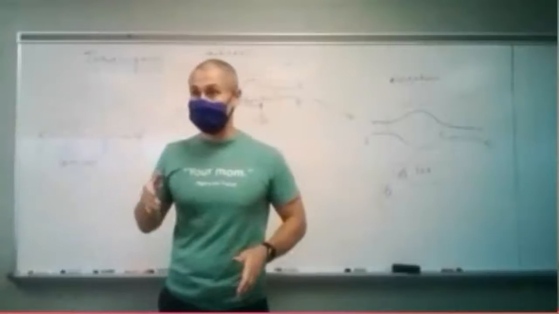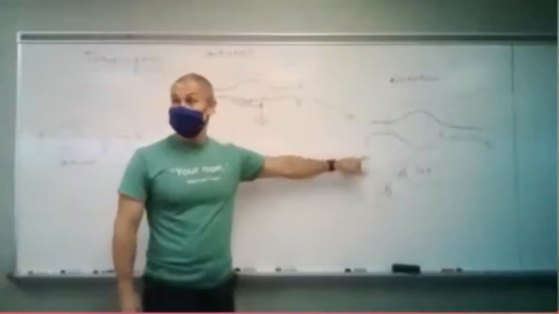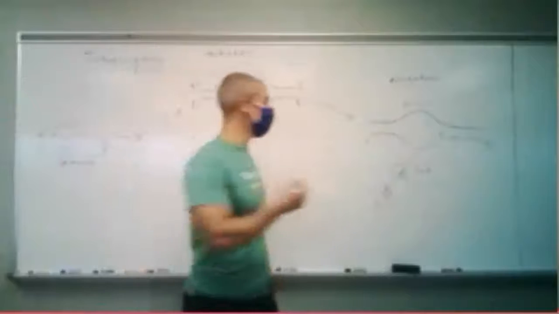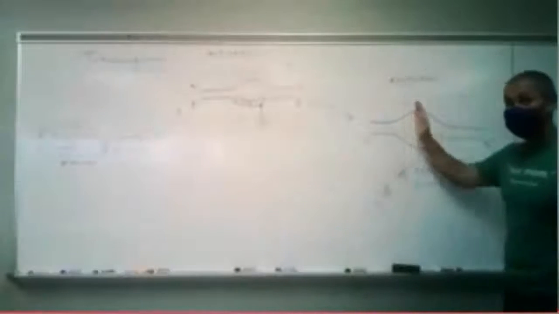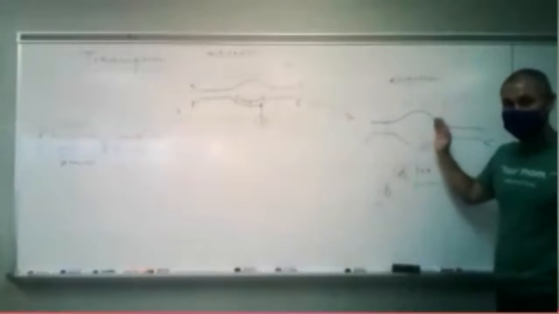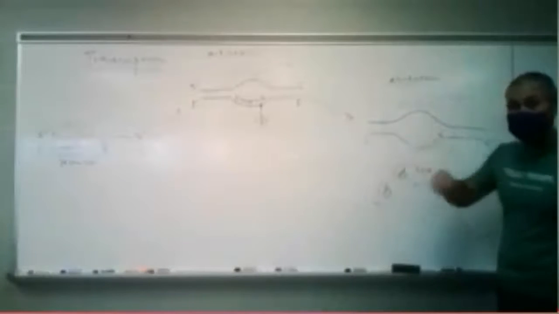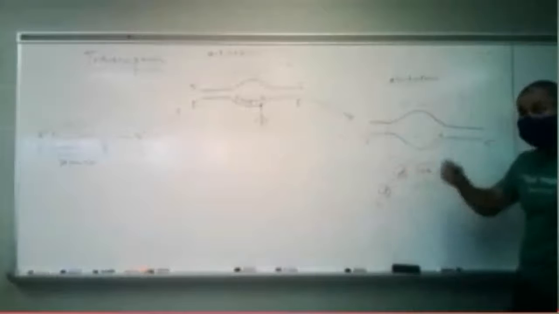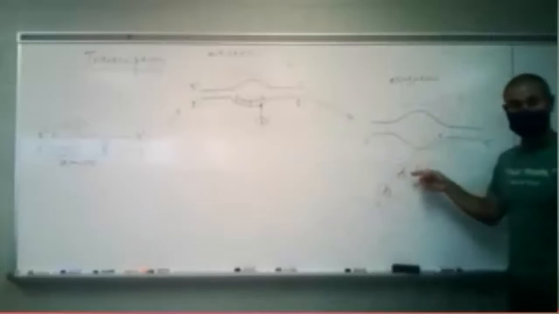Does that make sense? So here, it's kind of a photograph of the whole process. But what's important? Transcription is in progress. RNA is being actively synthesized, but it is already being translated.